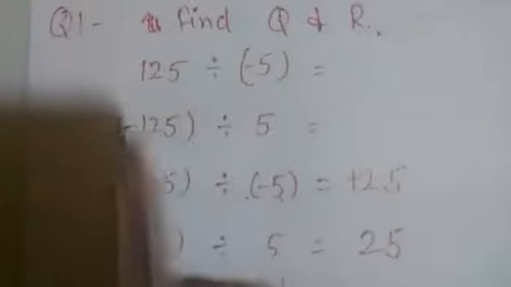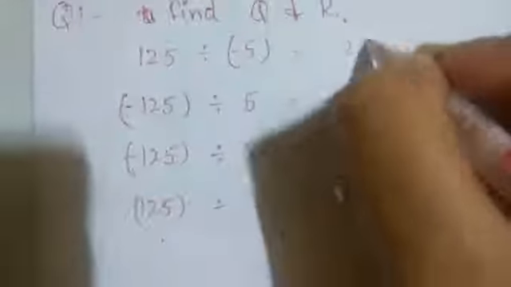Now see, in this question, one integer is with a positive sign, one integer is with a negative sign. So that means here the answer is negative. Like this way, again the answer is 25. We just have to see which is the case. Here also one integer is with a positive sign, one integer is with a negative sign. So that means my answer is negative.